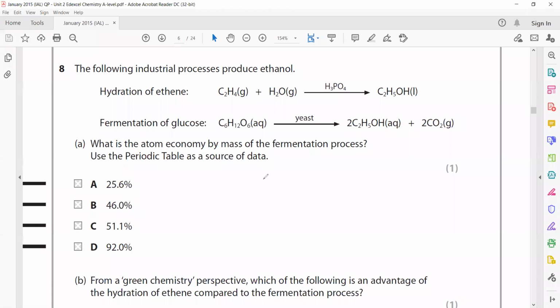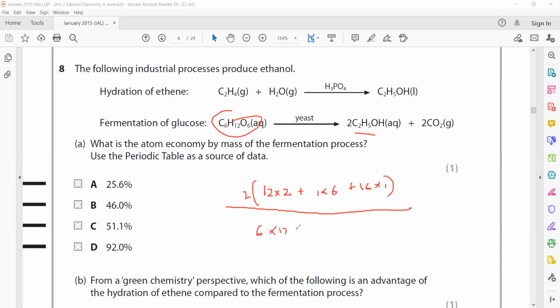So the atom economy for preparation of ethanol by fermentation: carbon is 12 multiplied by 2, because it is the mass of desired product divided by total mass of reactant or product, times 100, plus hydrogen is 1 multiplied by 6, plus oxygen is 16 times 1, and the total 2 are there, so that's why multiplied by 2, divided by the total mass of reactant or product.